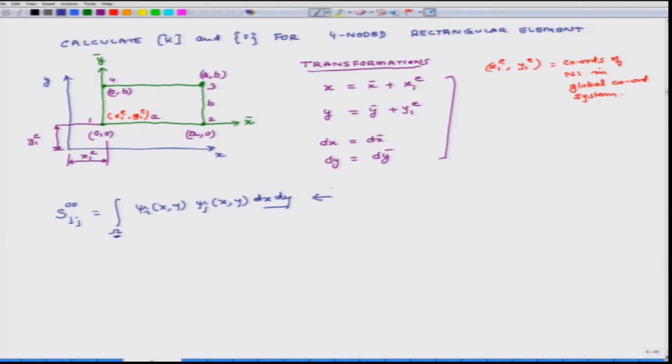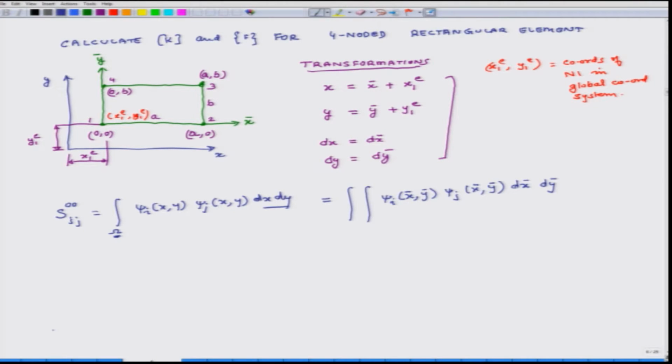So, this I can rewrite in the local coordinate system as psi i of x bar, y bar, psi j of x bar, y bar, dx bar dy bar. Why can I write straight away dx bar dy bar? Because I know that dx is equal to dx bar and dy is equal to dy bar.